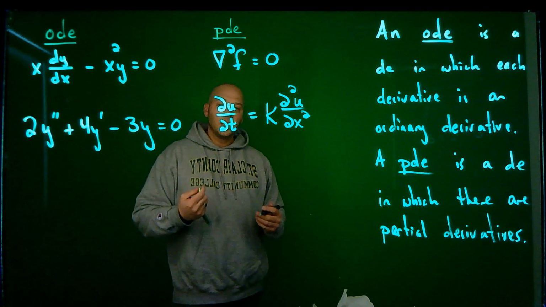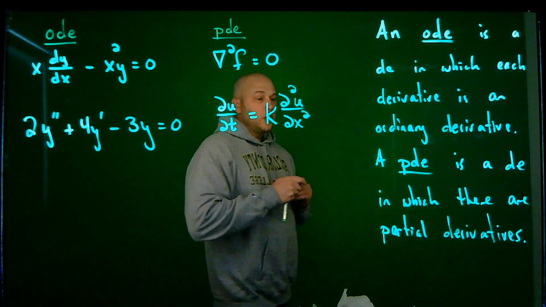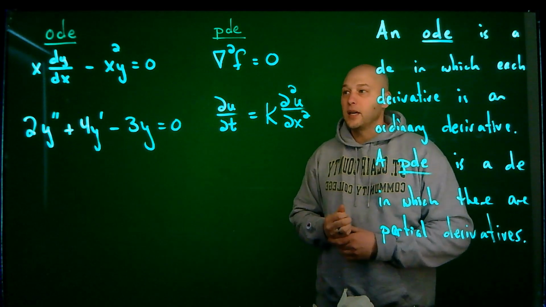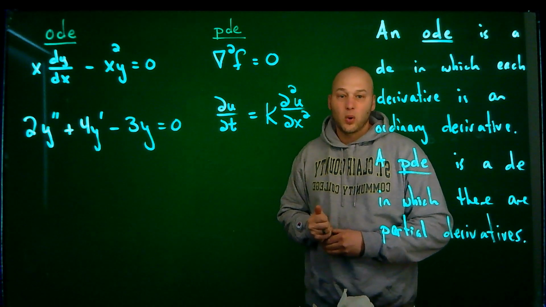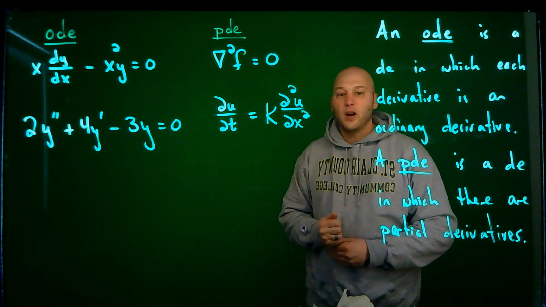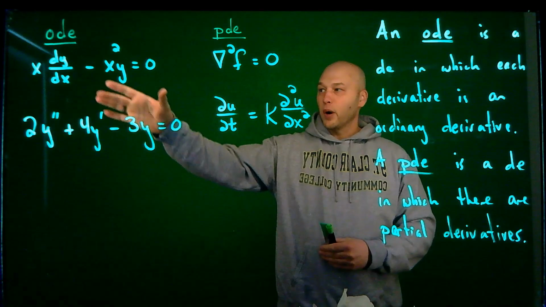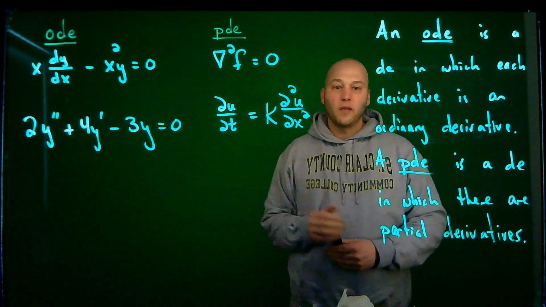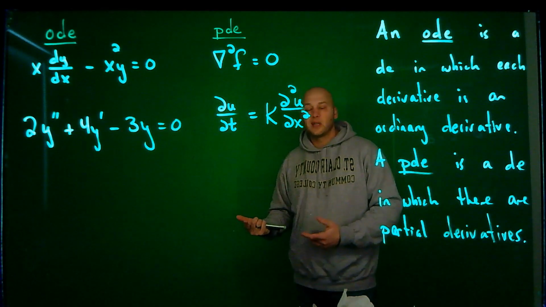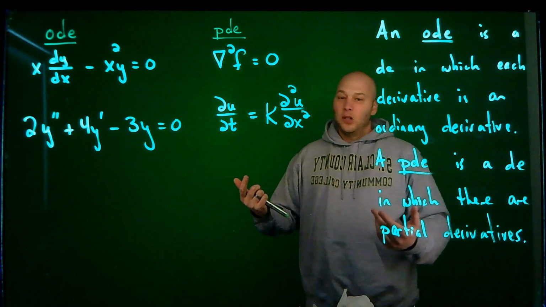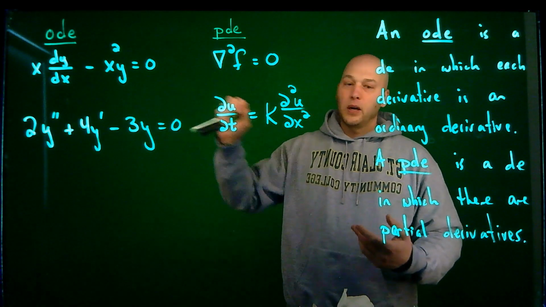In your initial differential equations course, chances are if you're watching this video, you're taking a differential equations course maybe at the sophomore level of an undergraduate. You would be primarily looking at ordinary differential equations. So in your course, when you say differential equations, you really mean ordinary differential equations.